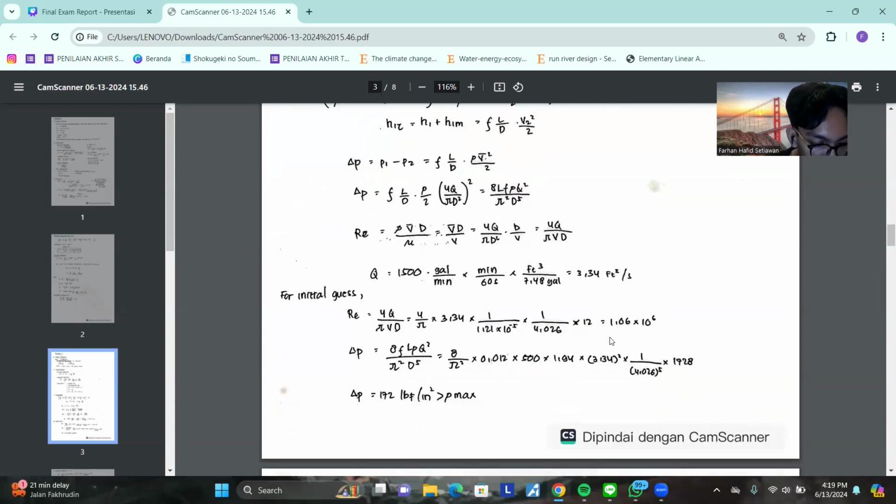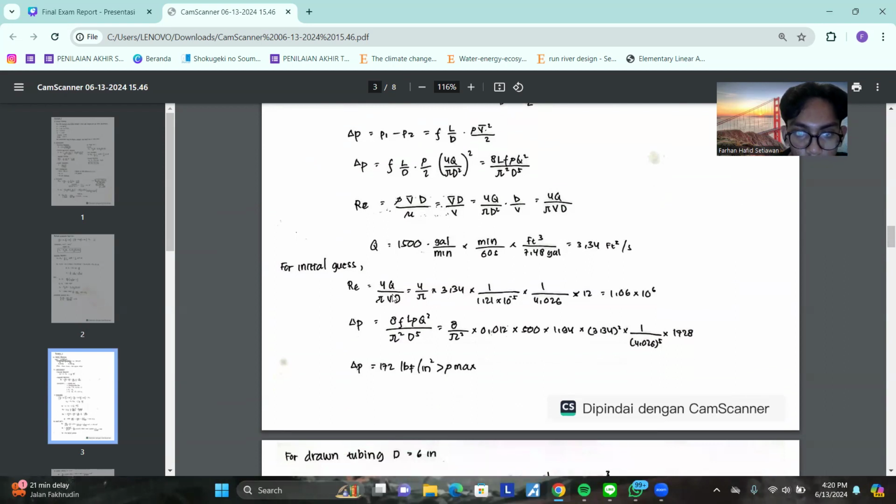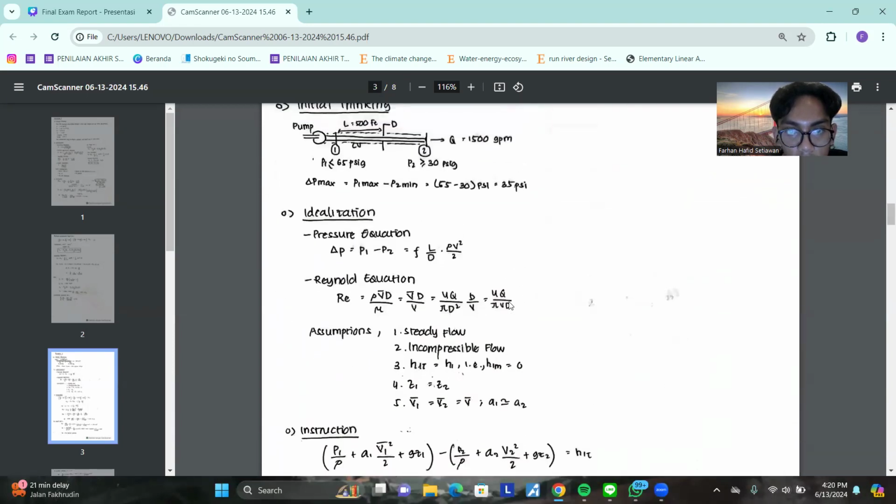For an initial guess, we take 4 nominal inch pipe. We get 4 times Q is 3.34. This is for the diameter.